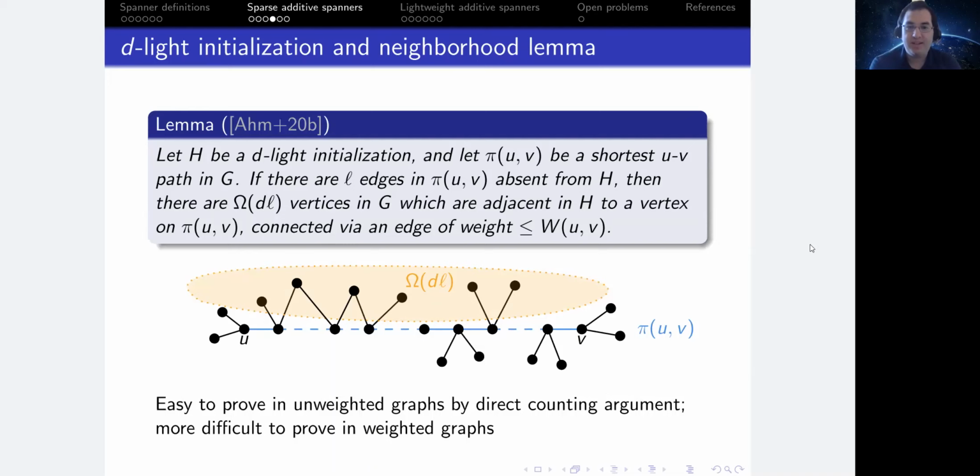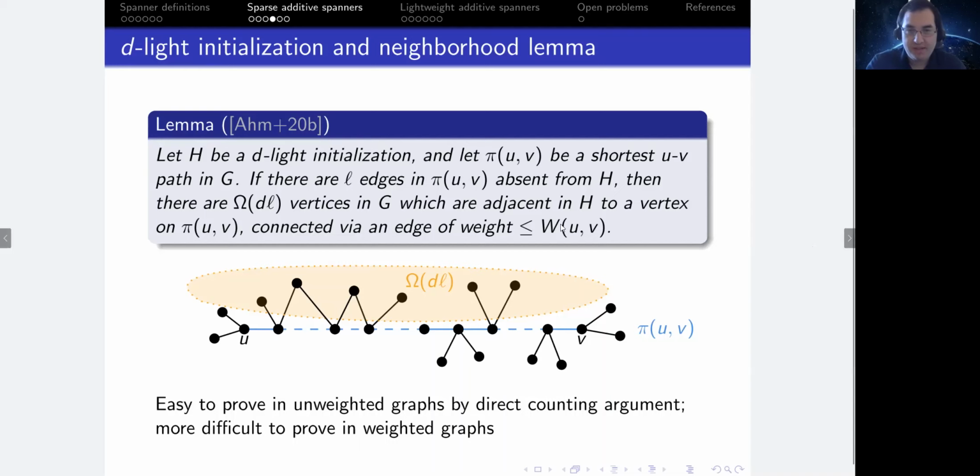So suppose there are L edges in the path which are absent from this initialization graph. Then this neighborhood lemma states that there are at least omega D times L vertices in the graph which are adjacent in the initialization to some vertex along the shortest path.